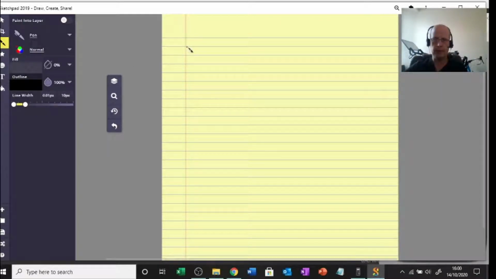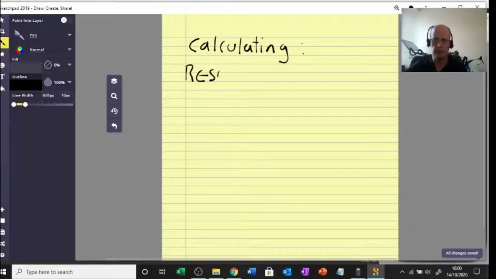So, calculating, I'll just write with this pen. We're going to calculate the resultant force. That's going to be in newtons, obviously. We're going to work out from that as well its direction.